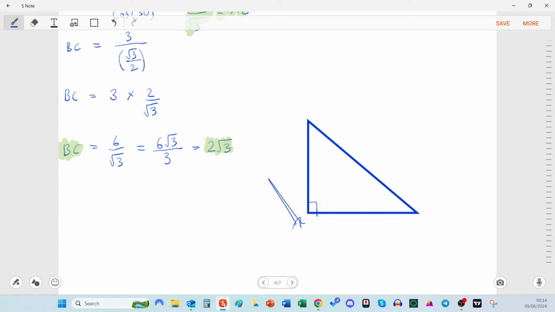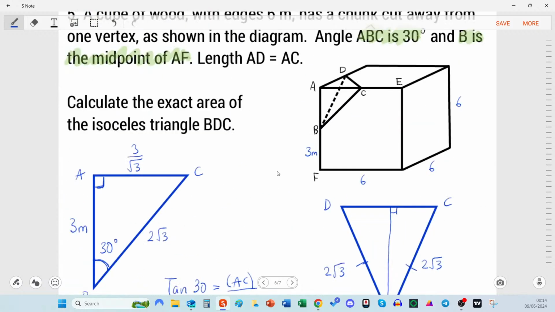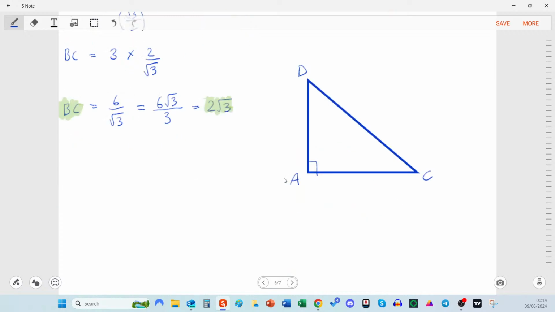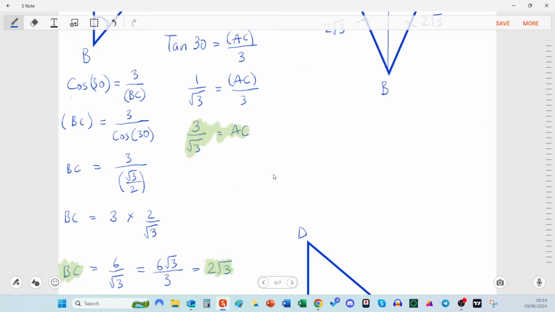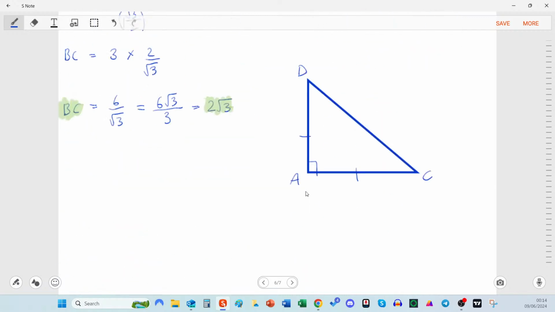A is a right angle. That's useful, right? Without that information, I had to resort to interesting methodology, and I didn't actually start it, or it could have got very interesting. But now, because this is isosceles, and we knew at the top here that AC was 3 over root 3, and that's 3 over root 3, we know that this is a right triangle.